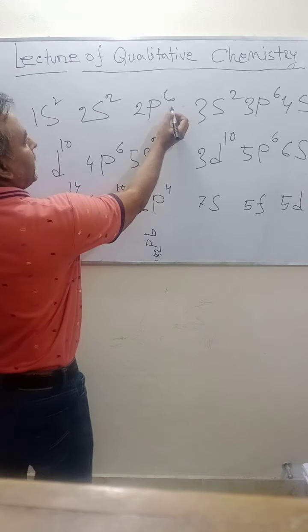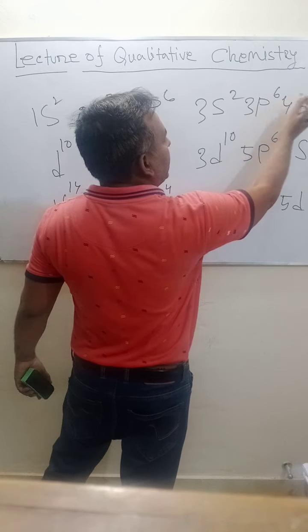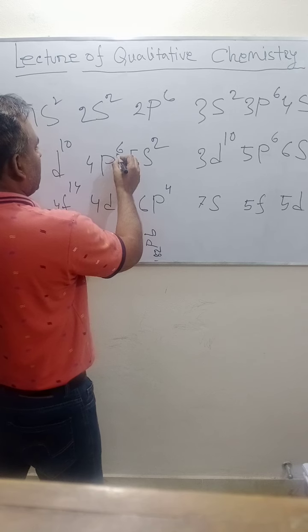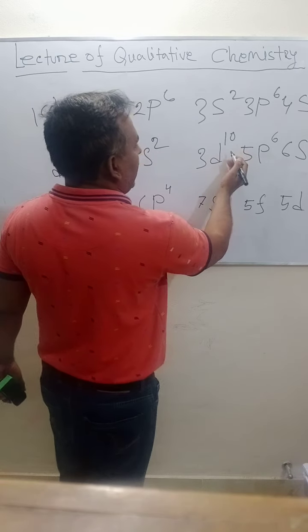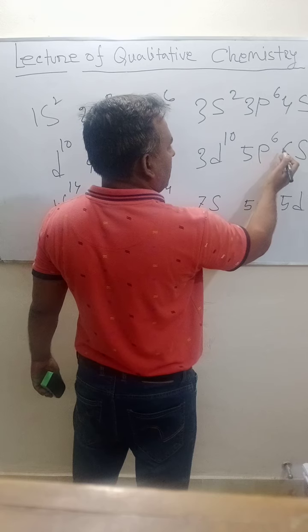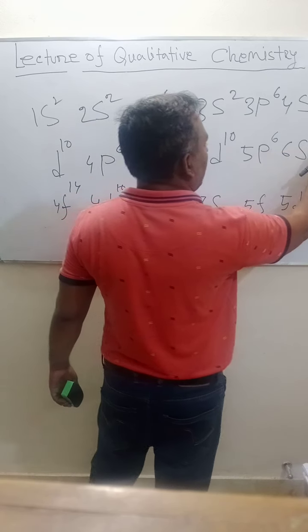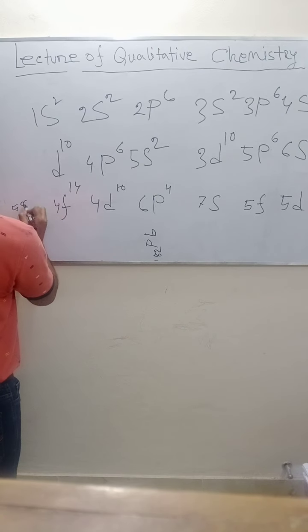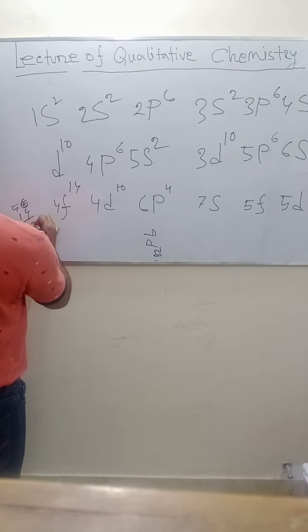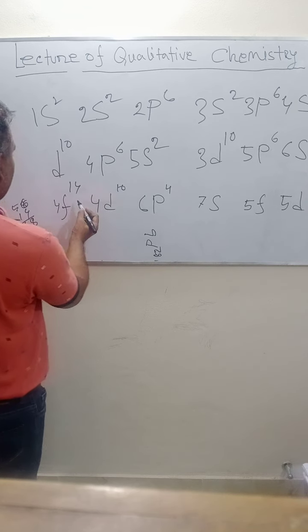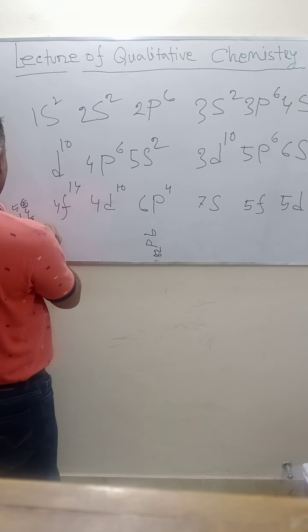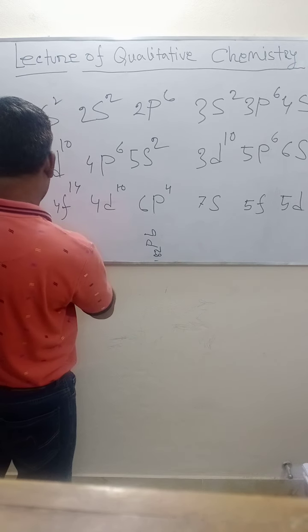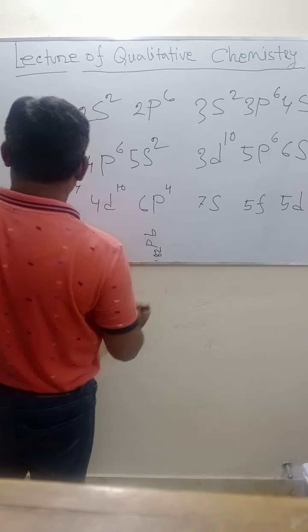The 4 electrons: 10, 12, 18, 20, 30, 38, 48, 54, 56, 68, 78, 82.